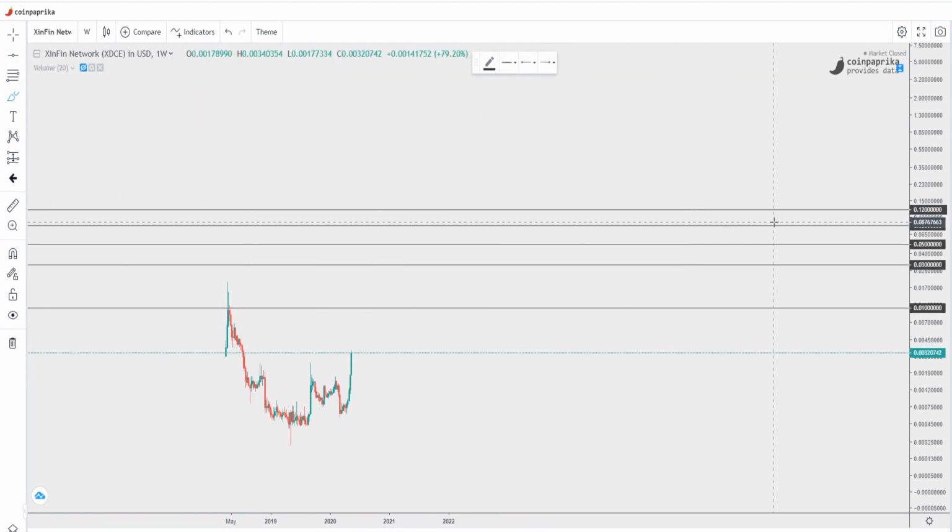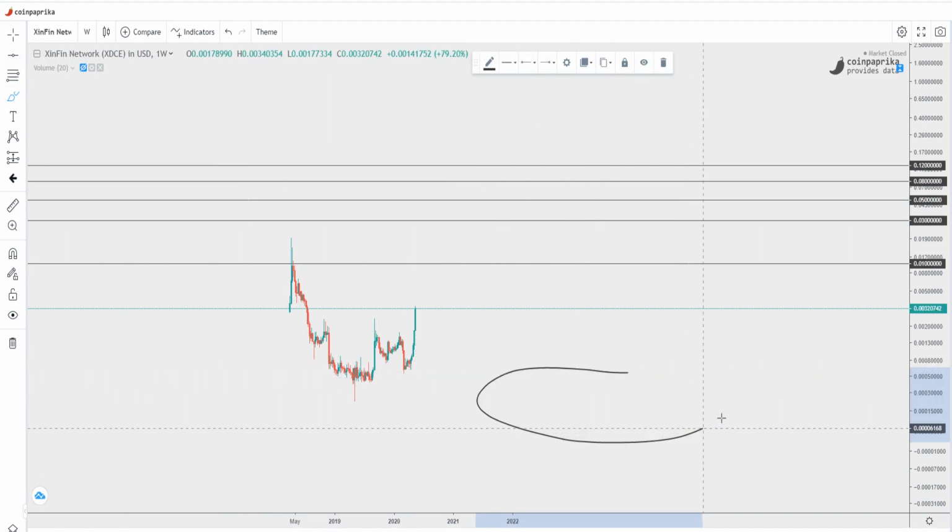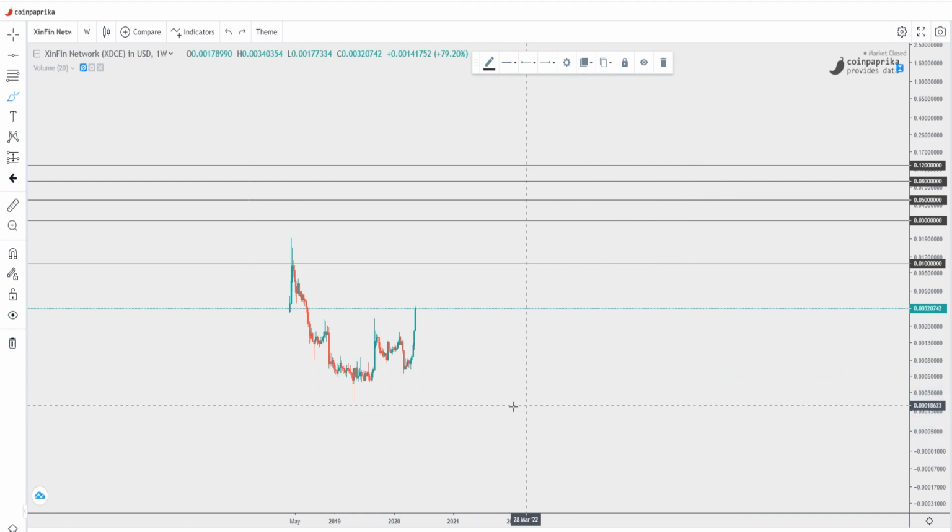So yes, we are likely to see a move to 12 cents. Yes, 12 cents. And even maybe 21, okay, in the near future, presuming nothing bad is going to happen with this project, because it's something that we must always have in mind, because we know how, for example, ICOs are.